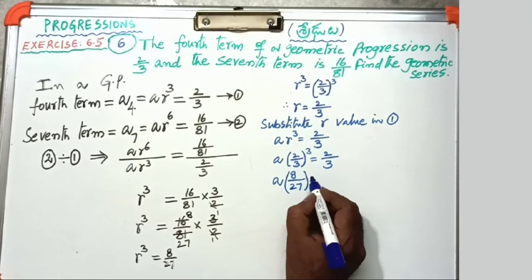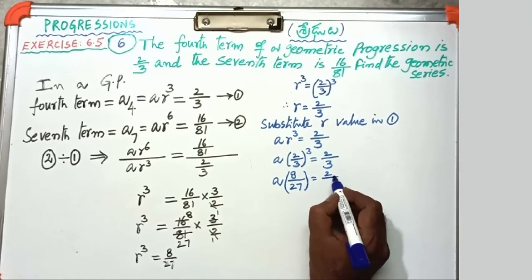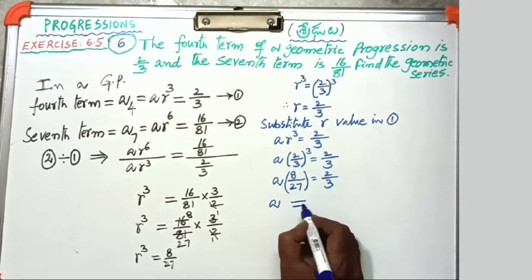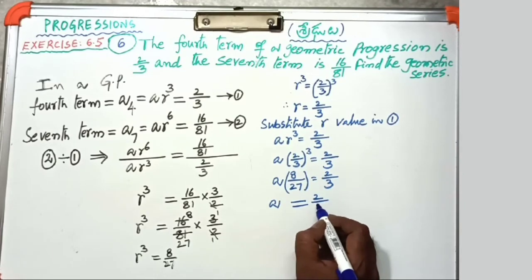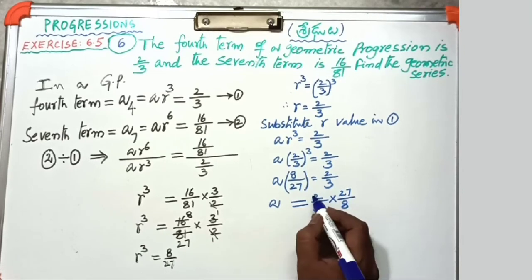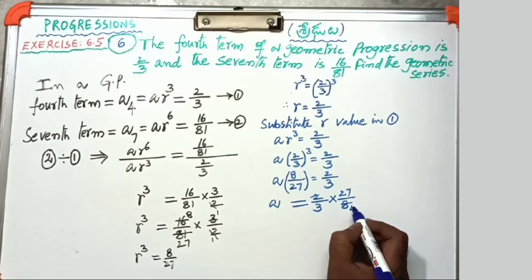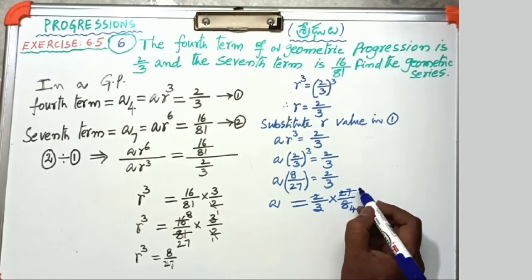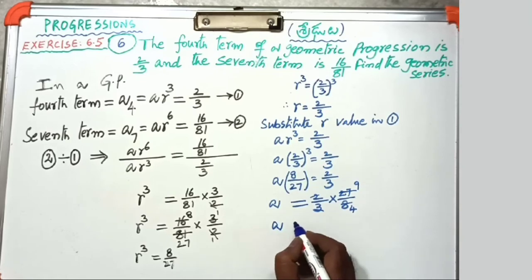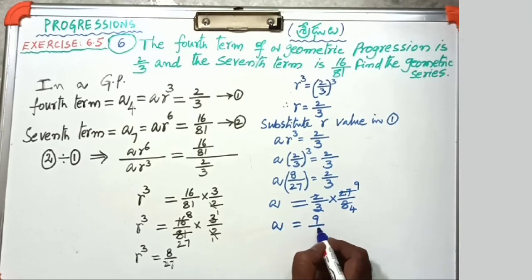Now bring this 8 by 27 to the other side, then it will be reversed, 27 by 8. 2 in 8 is 4 times, 3 in 27 is 9 times. Therefore A is equal to 9 by 4.